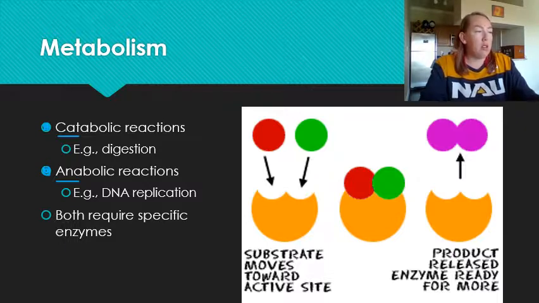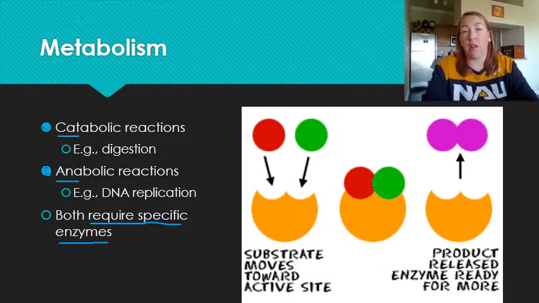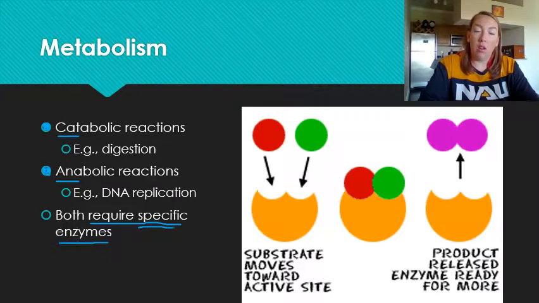In addition, I want to talk here about enzymes a little bit. Enzymes are required for any metabolic reaction to occur. So enzymes are very important because any chemical reaction happening in your body is going to require an enzyme. Without enzymes, none of this stuff will happen and you won't be able to live. And also, enzymes are very specific.